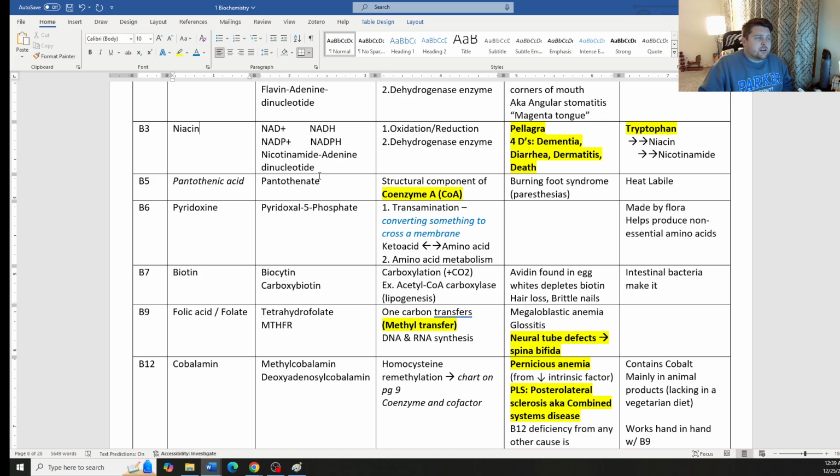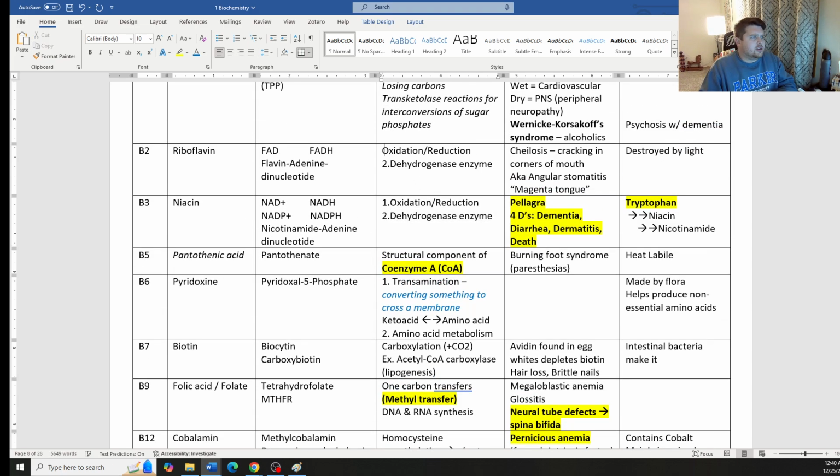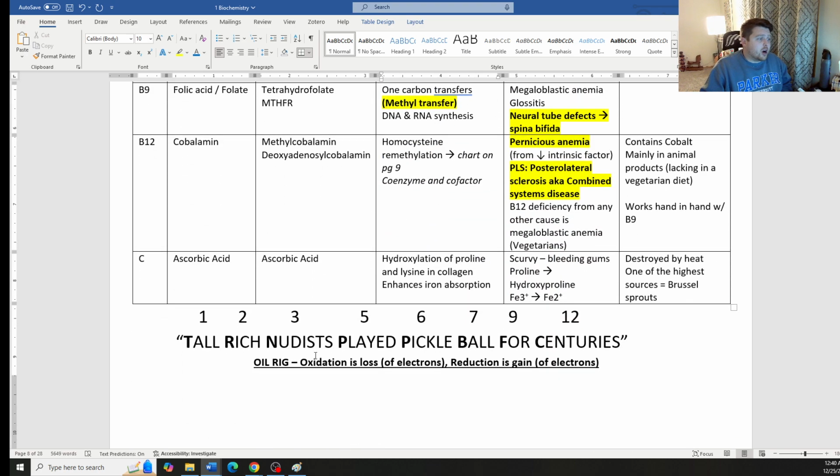All of those are, again, oxidation-reduction reactions, carried out by dehydrogenase enzymes. Dehydrogenase is taking off hydrogens, and that is part of our oxidation-reduction reaction. Because remember, oxidation is loss of electrons or hydrogens. Reduction is gain of electrons or hydrogens.